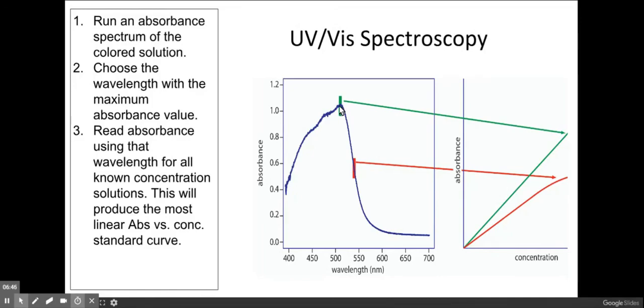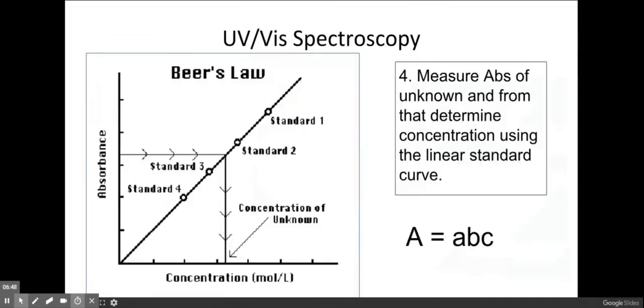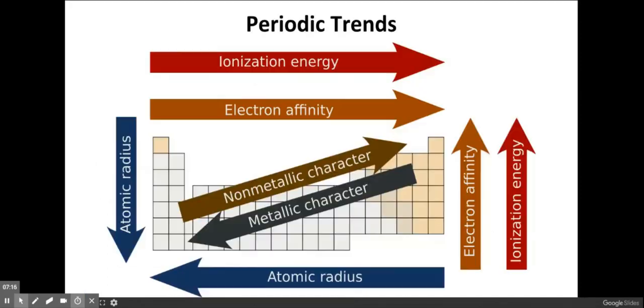This is the wavelength at which you would perform this particular set of absorbance readings for all of your standards, to make this standard curve to determine the concentration of your solution. So take a look at that. I think there are some videos posted that may run you through these calculations and reading the graph and relate it back to the labs also.